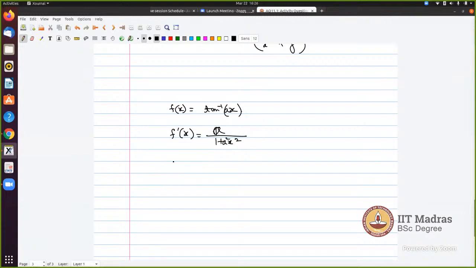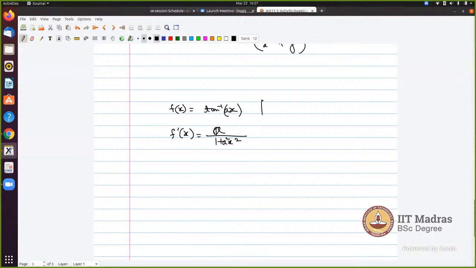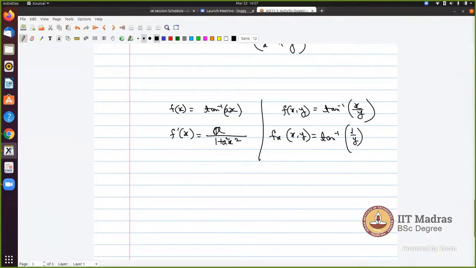Now here the function is given as tan inverse x by y. So f of x y is tan inverse x by y. So when I am differentiating with respect to x, basically I am treating this 1 by y as a constant. So 1 by y as my a, correct? So this is nothing but tan inverse of 1 by y times x. You can treat this as a constant and this is your function, right?